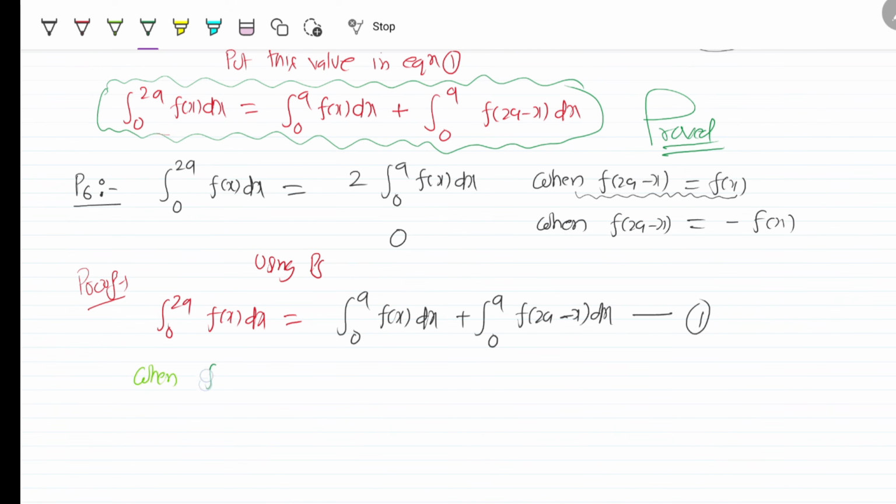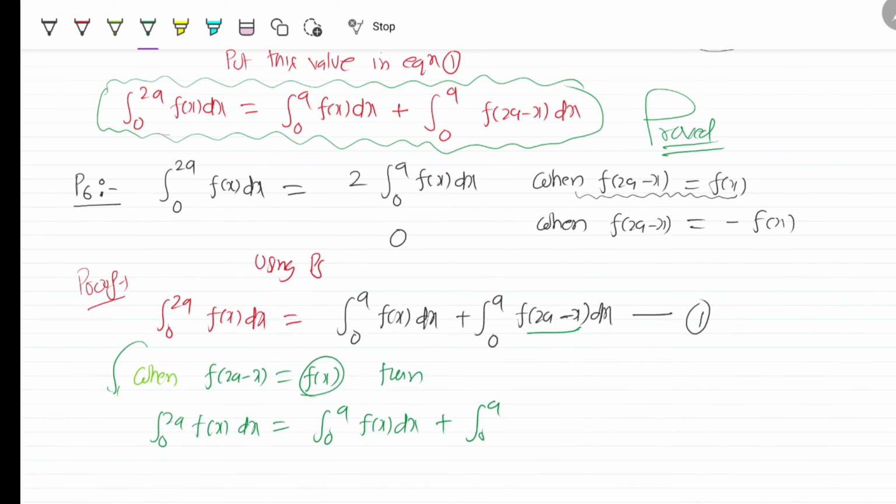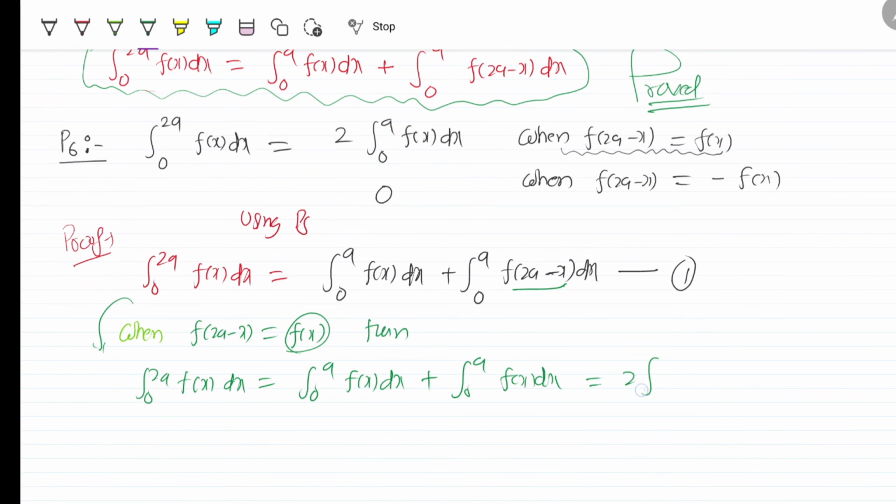Then we get integral 0 to 2a f(x) dx equals integral 0 to a f(x) dx plus integral 0 to a f(x) dx, and simply it is twice the integral 0 to a f(x) dx.